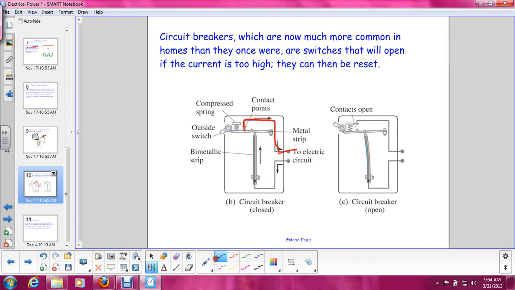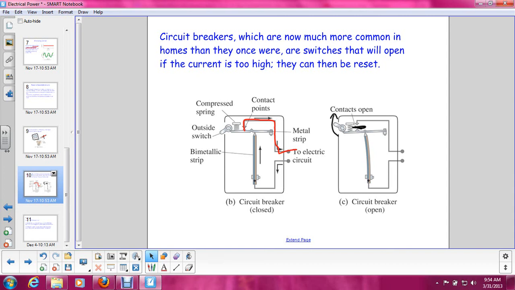However, if you get too much current going through it, the switch will open, and then there will be a space within your circuit so that the electricity can't flow anymore.